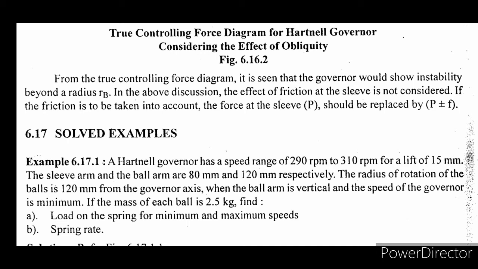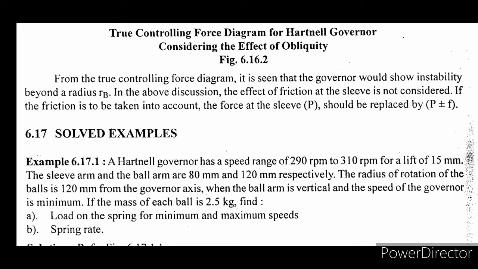Obliquity effect is neglected. What is obliquity effect? That is the movement that I told you. The horizontal arm will go left, then the sleeve arm will go down. That is the displacement x1, x2, y1, y2. That will not take place. It will be at mean position. That is x is equal to x1, y is equal to y1.